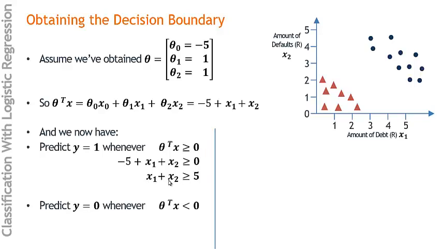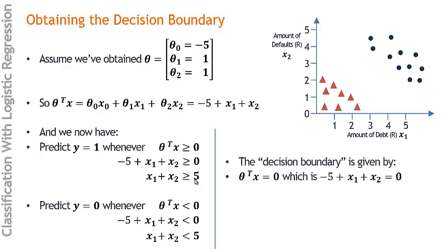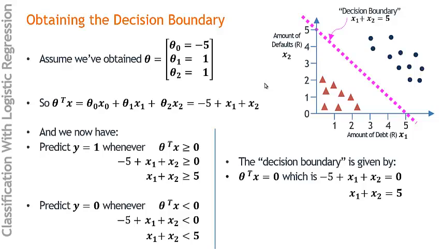So here, above the line means x1 plus x2 is greater than or equal to 5. Below the line means x1 plus x2 is less than 5. The decision boundary is when x1 plus x2 is equal to 5, right? When this expression is equal to 0, right?